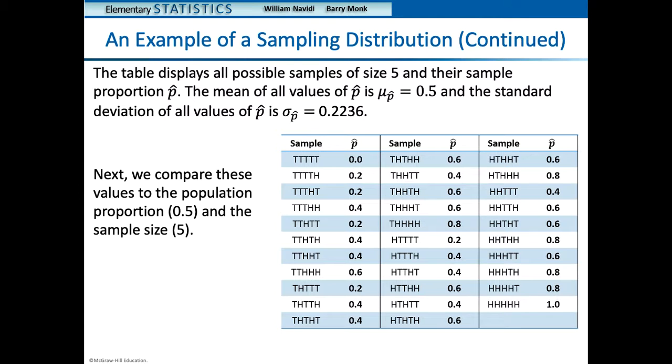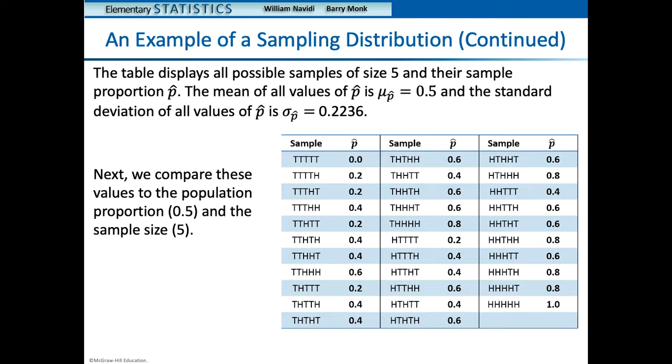For example, it's possible that all 5 tosses are tails. Or you might have something where the first 4 tosses are tails, the last one is a head. Or you might have 3 tails and then a head and then a tail. Or you might have 3 tails and 2 heads and so on and so forth. So there's 32 possibilities here.